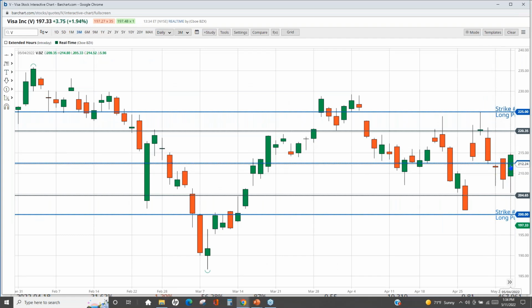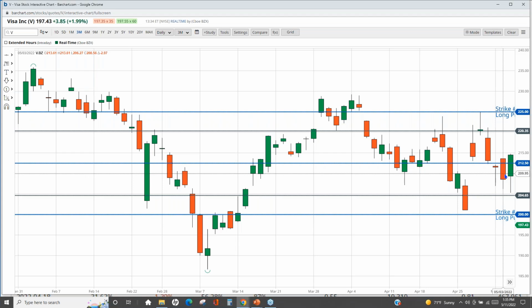Now, for the next 3 days, price kind of gravitated around my body, so I was feeling good about the trade. As a matter of fact, at this point, when I was watching the trade, it was up about $1.75 in profit, maybe about $2 on an intraday basis at one point. So the trade was working.